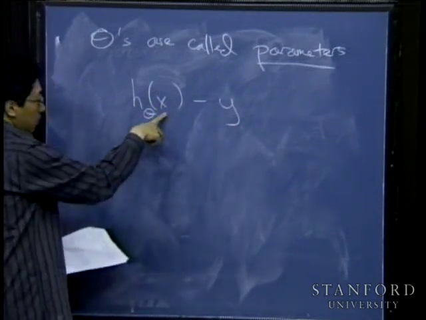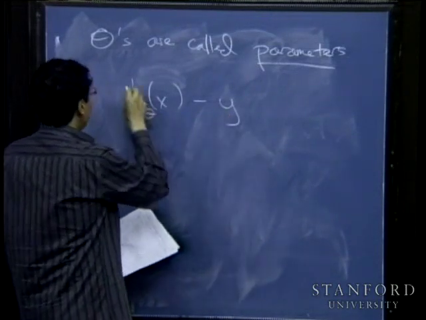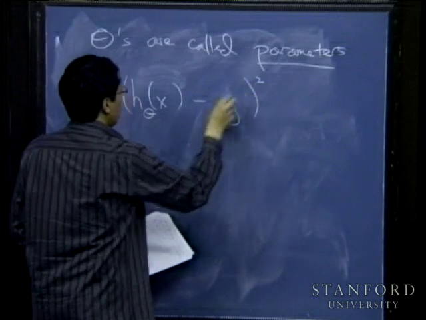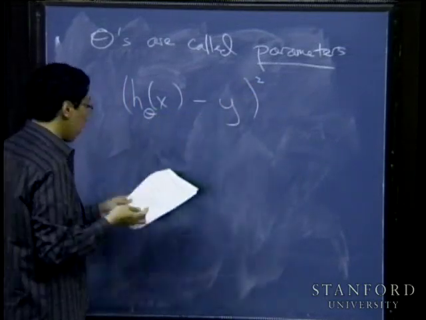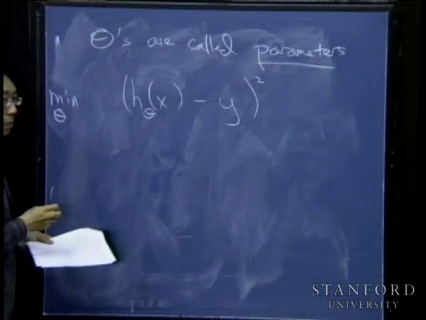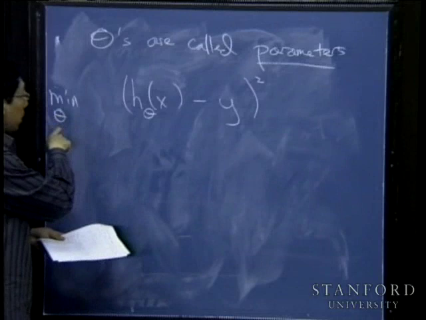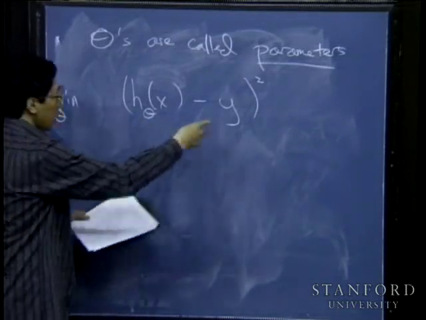So given some features X and some correct prices Y, we might want to make the squared difference between the prediction of the algorithm and the actual price small. So to choose the parameters theta, let's say we want to minimize over the parameters theta of this squared error between the predicted price and the actual price.